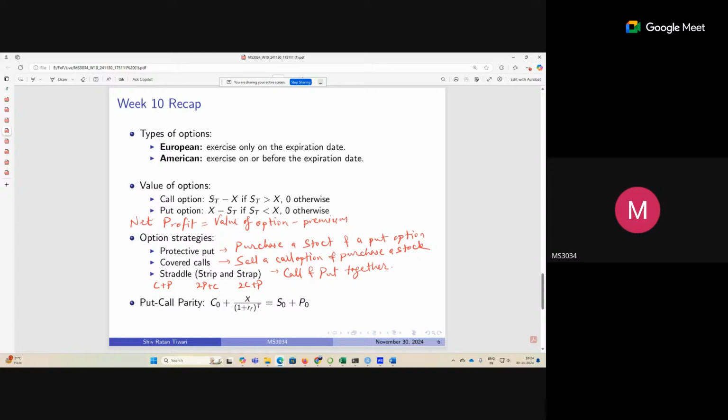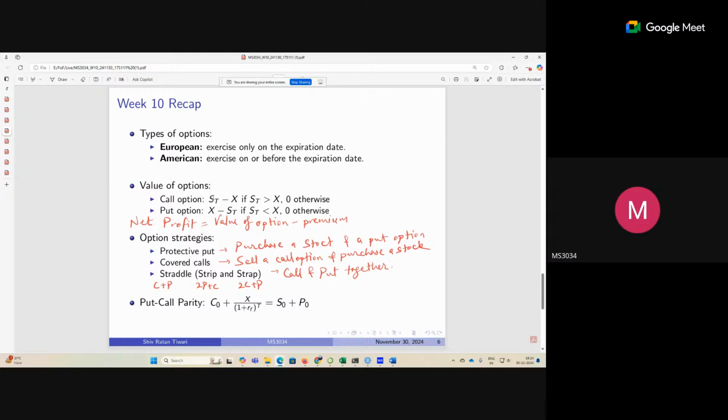Next, we discussed a few trading strategies which involve options. The first strategy is the protective put, in which you purchase a share of a stock and a put option on the same stock.